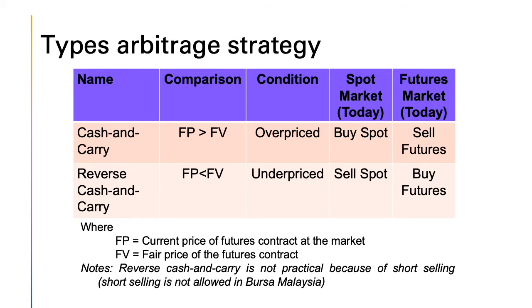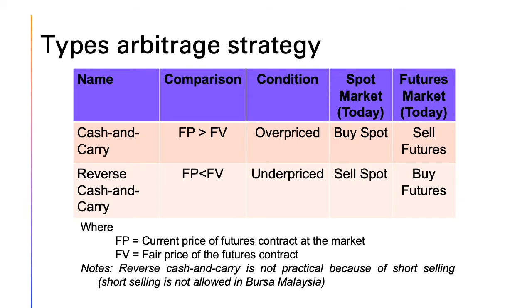So in the cash and carry strategy, in the spot market today, you need to buy spot. At the same time, you need to sell the futures contract. When the futures price is less than the fair value, that means you are in an underpriced market condition. So for an underpriced condition, you need to use the reverse cash and carry strategy.